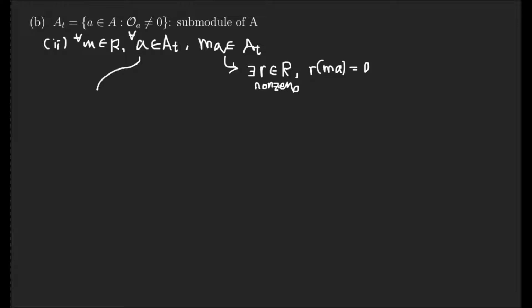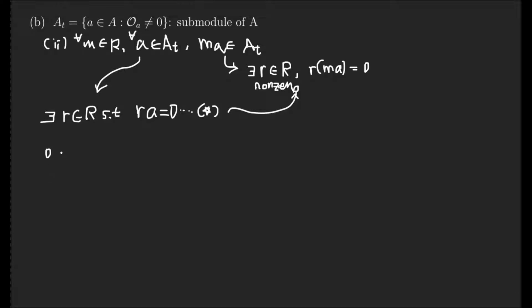From this, by the assumption, there exists an element r in R such that ra is equal to 0. From this we can get this statement.